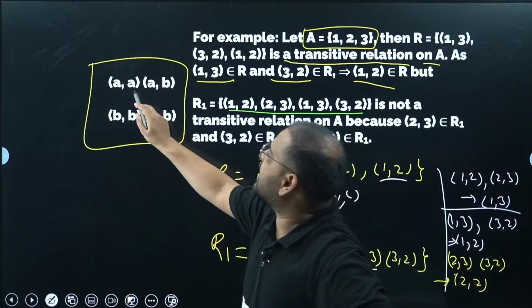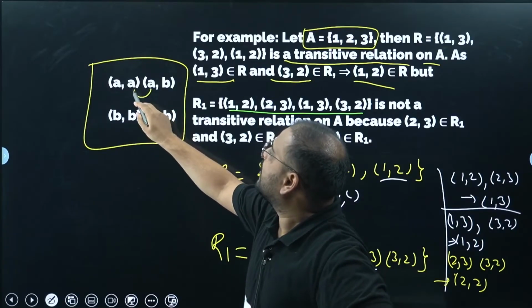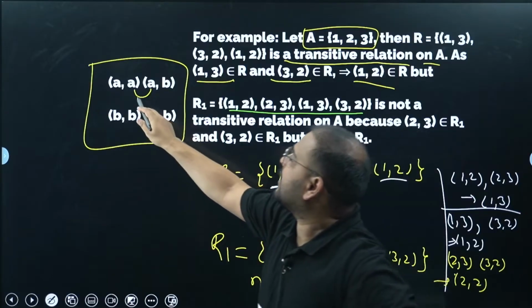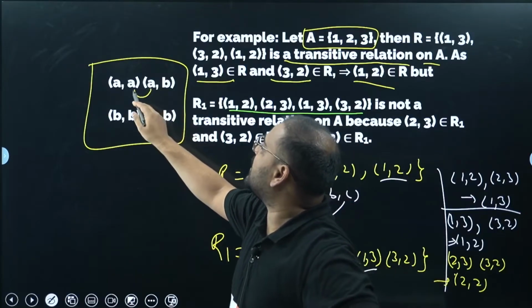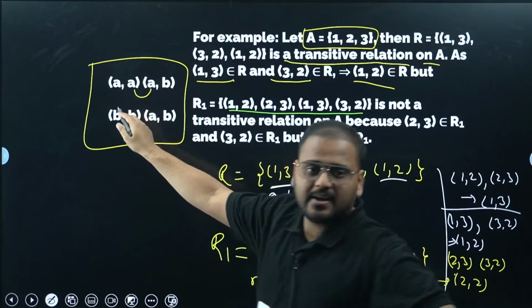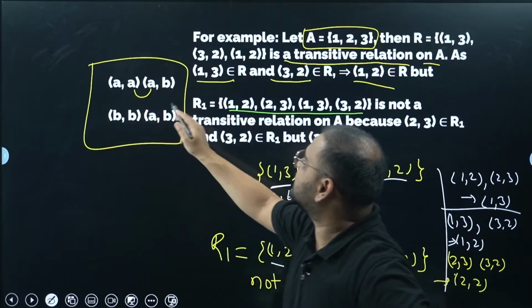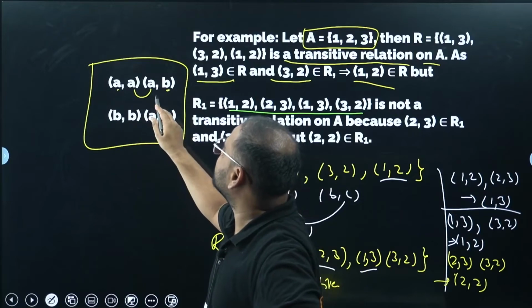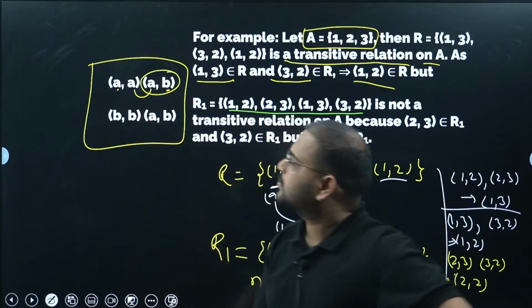Whenever you have (A,A) and (A,B), what is the transitive requirement? It means (A,B) should be there, the first element is A, last is B, and (A,B) is there. So we don't have to check.